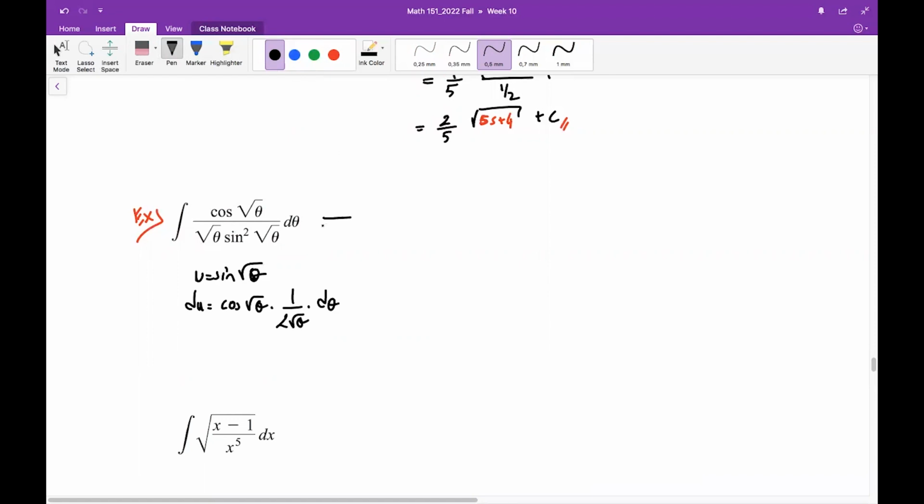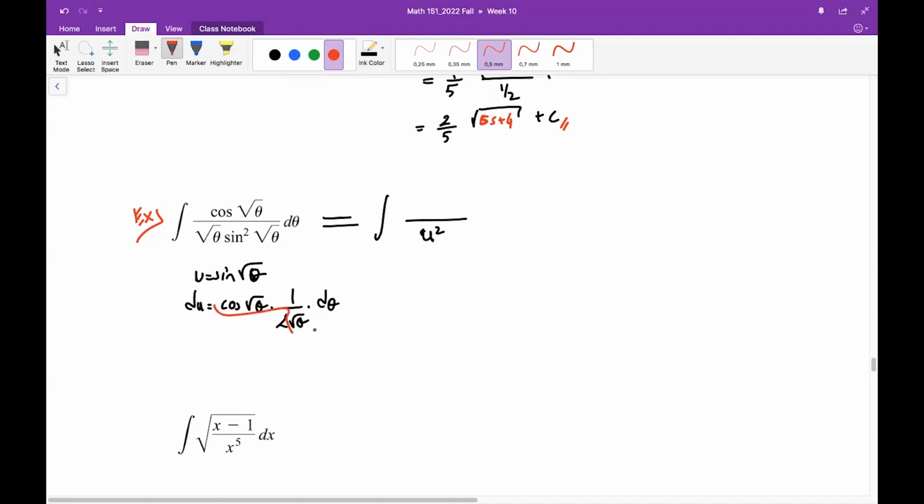You see, this is perfectly working very nicely, as I already called this part as u, so it is u squared, sine squared of this thing is u squared, and what you see here is cosine square root theta over 2 times square root theta d theta.